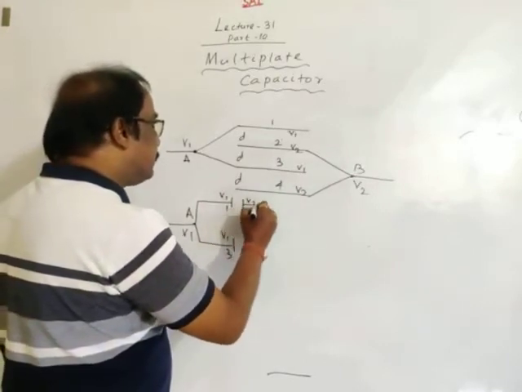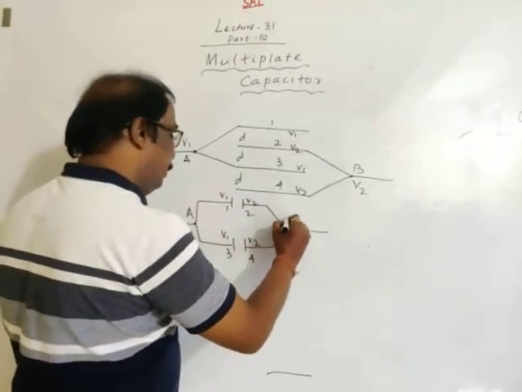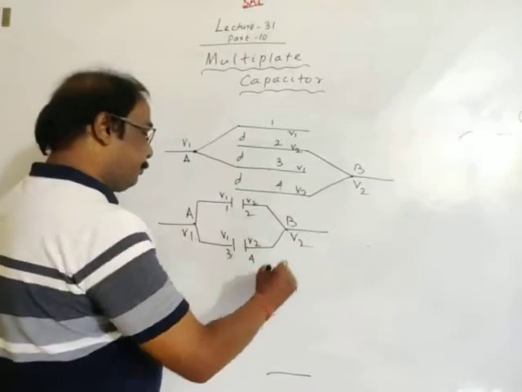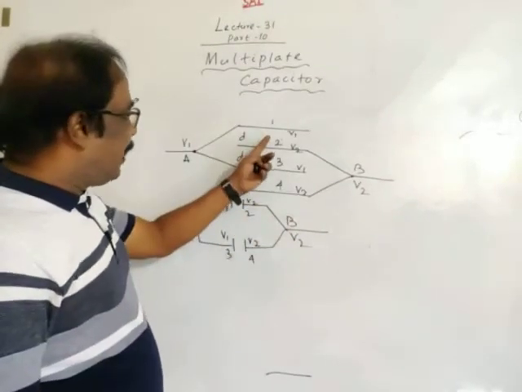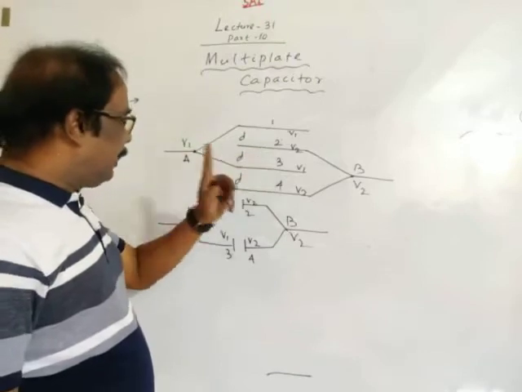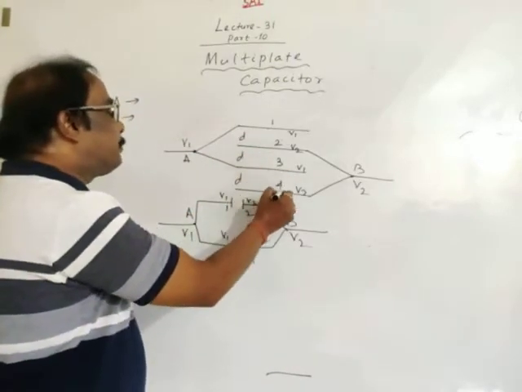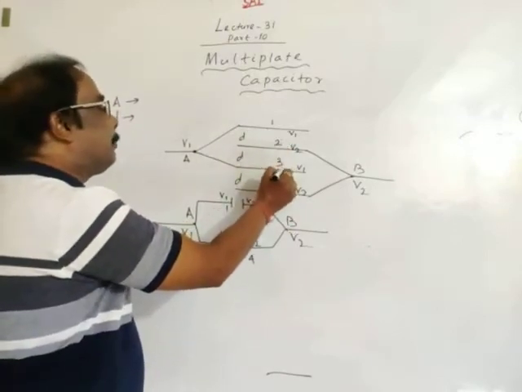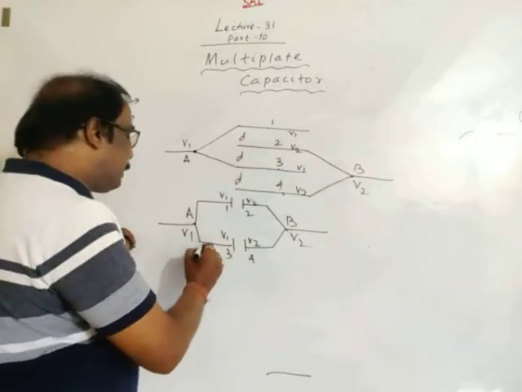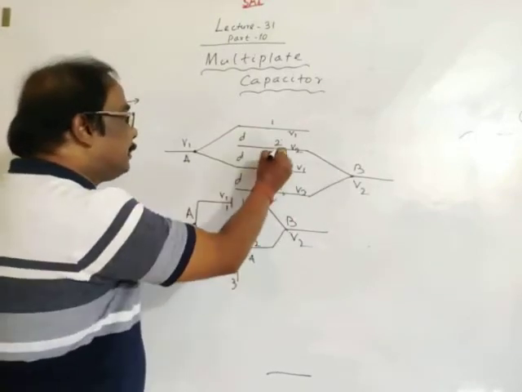So obviously the second plate and fourth plate are connected to B, which is at potential V2. This is very clear. So there are 3 capacitors. We have capacitance between the third plate and fourth plate, and again between the second plate and third plate. Again, the third plate is at potential V1. This is the second plate.